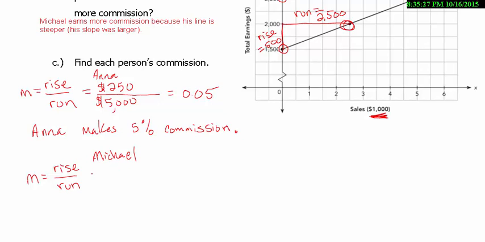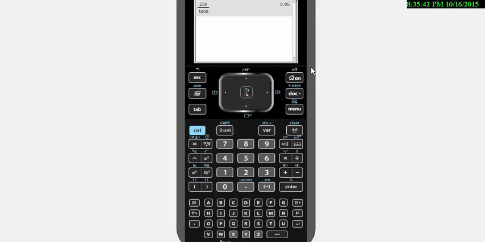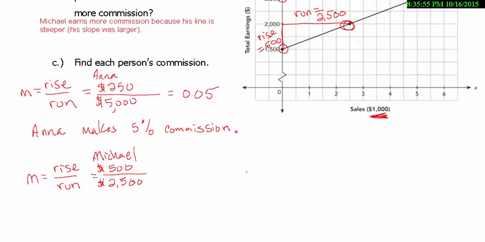And so Michael is looking at a rise of 500 and a run of 2,500. We're putting units here. Again, if we go back to the calculator, 500 divided by 2,500, Control Enter should give us the decimal equivalent, and it looks like we have 0.2, or 2/10.